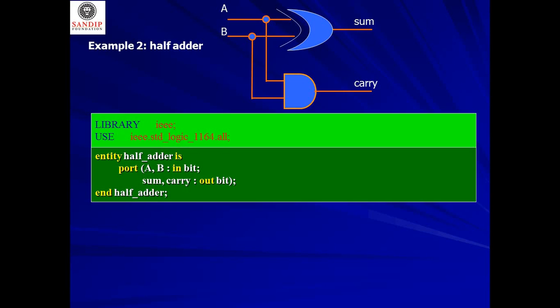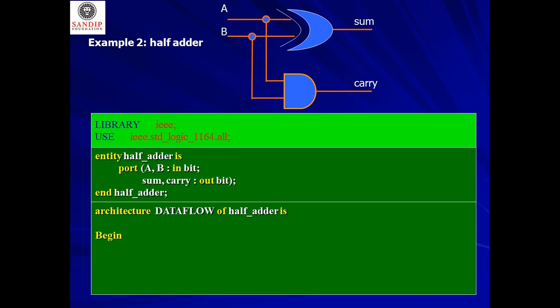Entity half adder is port A, B colon in bit, sum, carry colon out bit, complete the bracket semicolon. End of the entity half adder. Architecture data flow of half adder is begin.